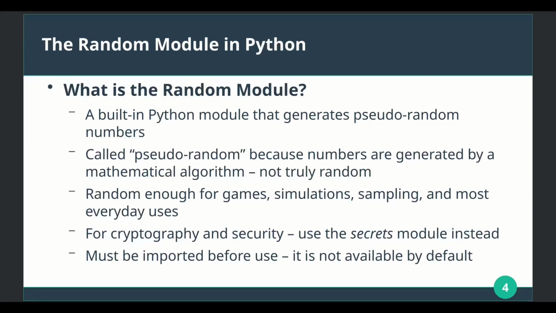But for cryptography and security, it is advisable that you use the secrets module instead of the random module to generate numbers. And you also need to understand that this module must be imported before it can be used because it is not available by default.